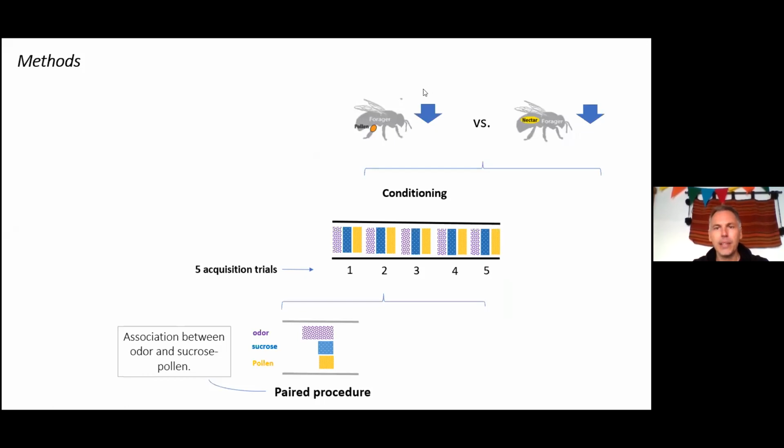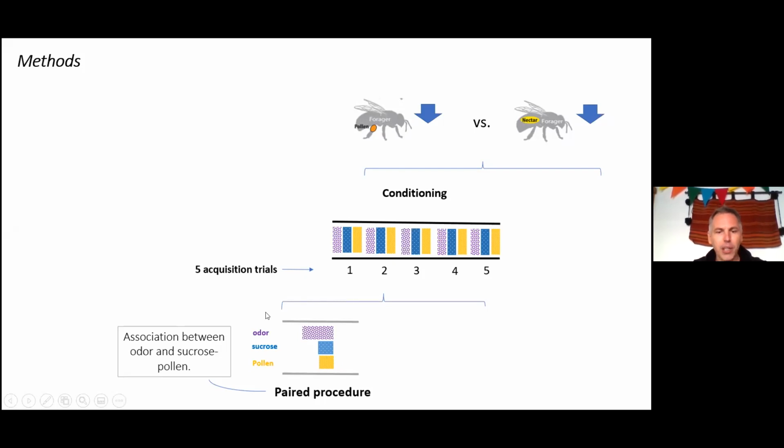She captured bees, pollen foragers and nectar foragers, arriving at the foraging station, and she harnessed them and initiated a conditioning that consisted of 5 acquisition trials. This is to establish 5 associations between the odor, here we get the odor, and simultaneously we present the sucrose on the antenna and pollen on the tarsus.